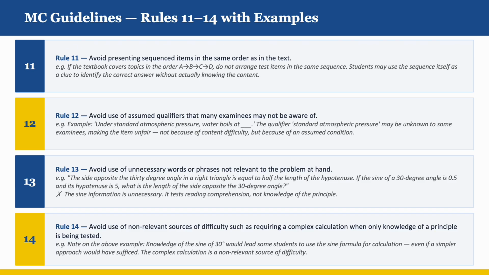Now, rule number 14: Don't create non-relevant sources of difficulty. So if you're testing knowledge of a principle, don't require a complex calculation as part of answering it. The difficulty should be in knowing the principle, not in executing a separate skill that isn't what you're assessing.